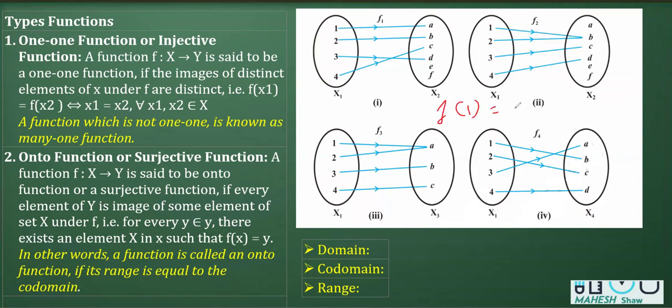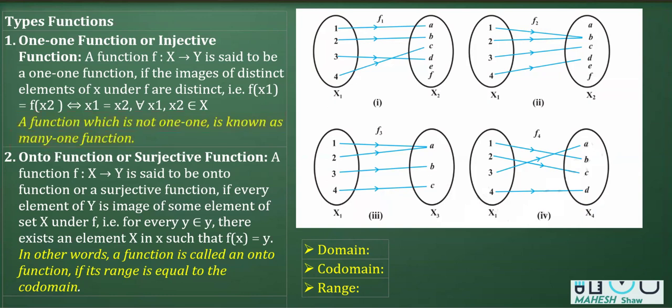F(1) is equal to B, and F(2) is also equal to B. So here F(1) is equal to F(2), while 1 is not equal to 2, right? So we say that this is not a one-one function, and a function which is not one-one, by default, should be called many-one.